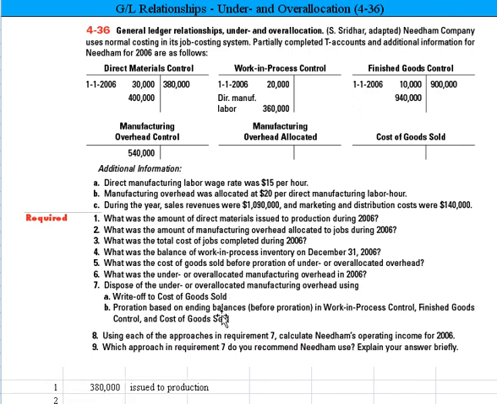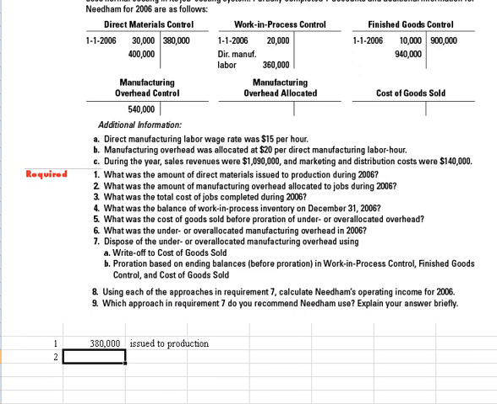Let's take a look at number 2. Number 2 says, what was the amount of manufacturing overhead allocated to jobs during 2006? Okay, let me make a little bit of room so we've got some room to work here.